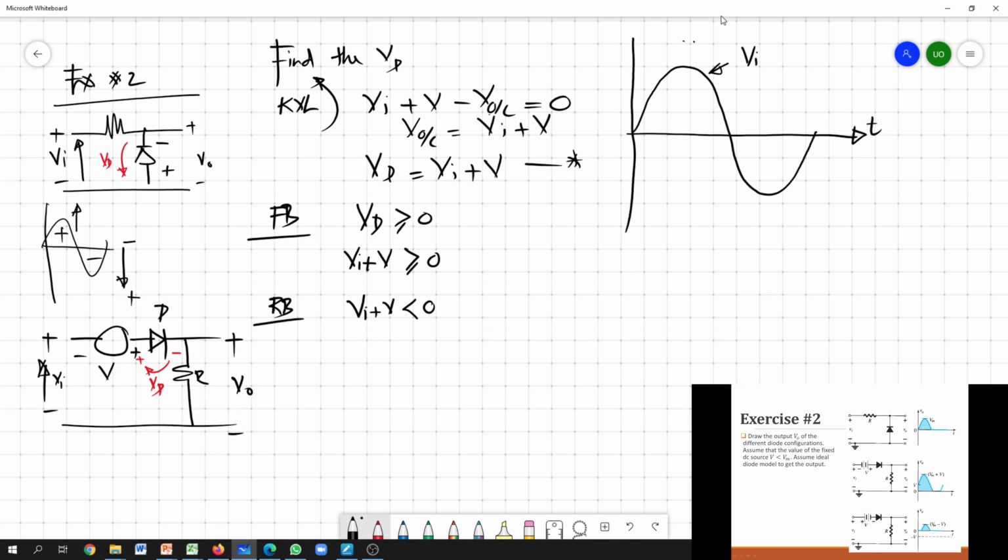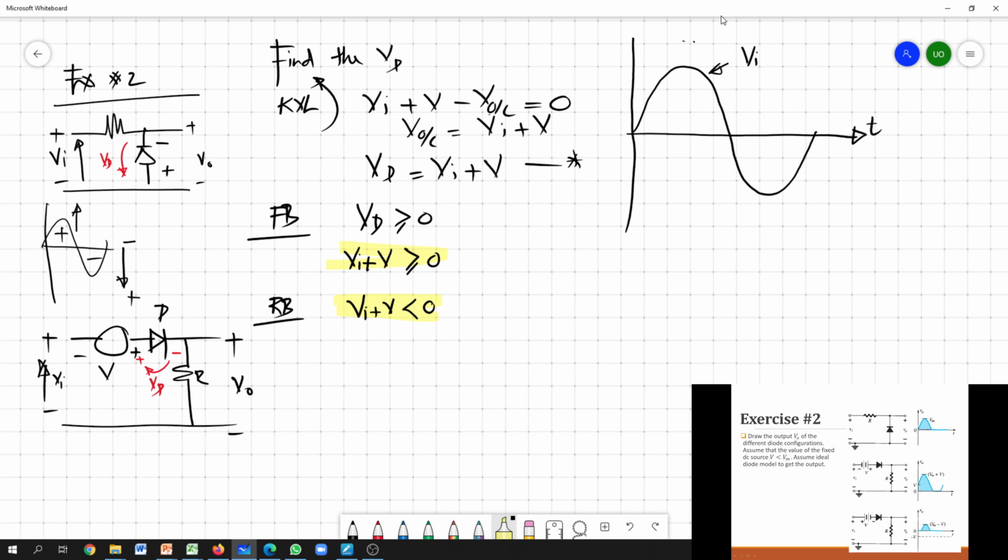But by looking at these two statements, we know that the switching of the diode depends on Vi plus V, not just the input voltage. So the clipping, or switching, happens with respect to Vi plus V, not Vi.